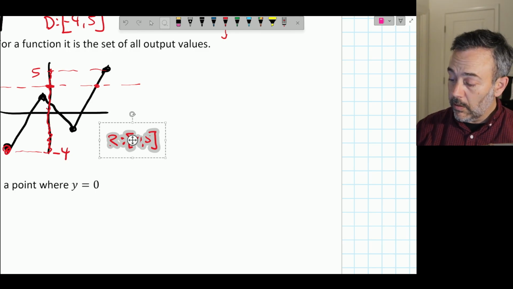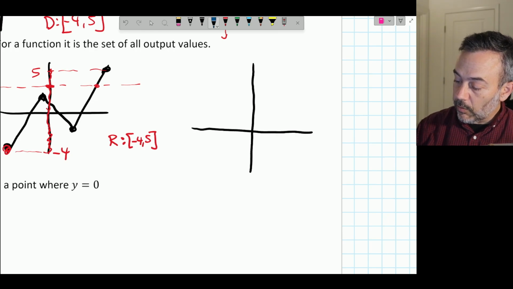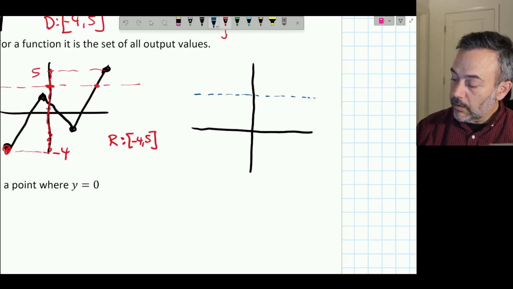Okay. And then we're going to see examples in the future in this course where there's something called a horizontal asymptote. Let me show you an example. Here's a function that comes up and it gets closer and closer to this horizontal line to the right, but it never touches it. And on this side, it gets closer and closer to this horizontal line, and then it goes up.